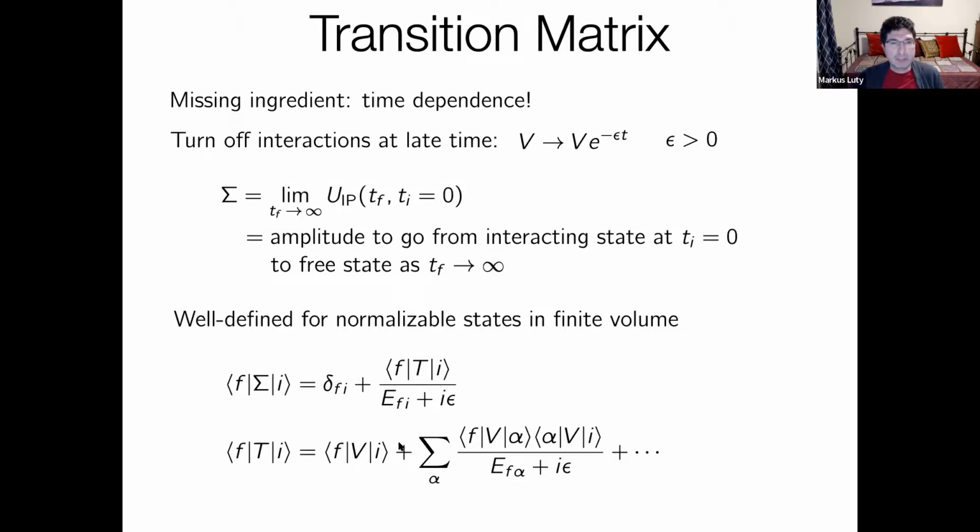This is just some definition of T, and then T has this very simple perturbative expansion like this. At each term you just add more intermediate states and more energy denominators. That formula also shows you that this is well defined in finite volume. Okay, so that's the first major ingredient here.